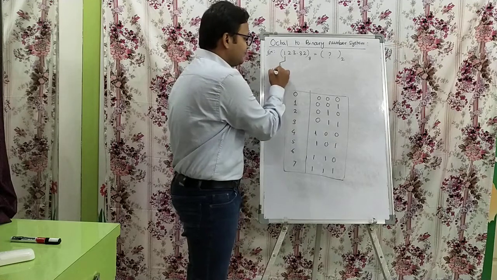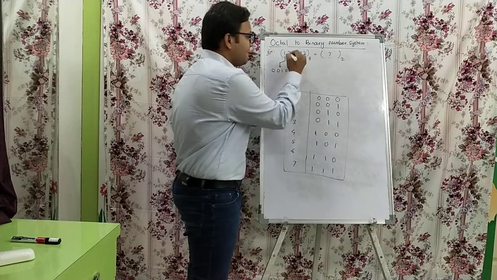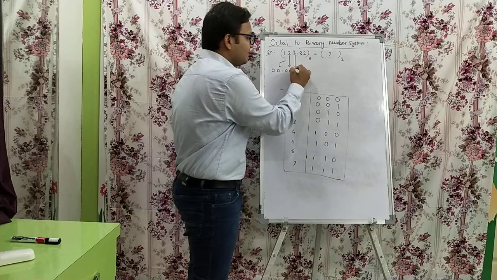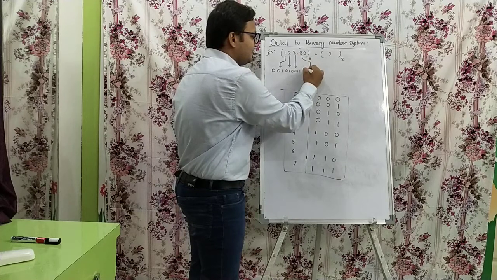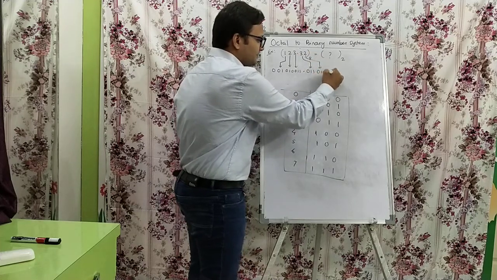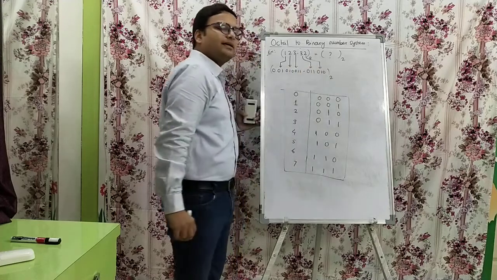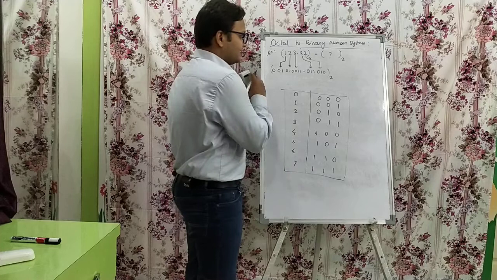So 1 is 001, 2 is 010, 3 is 011, point, 3 is 011, 2 is 010. So this is the equivalent binary. Do you all understand?